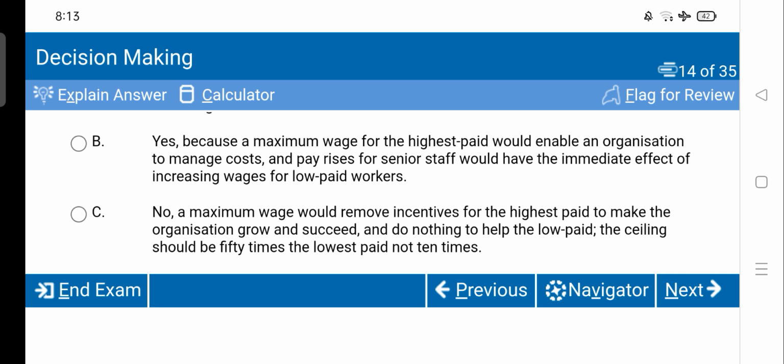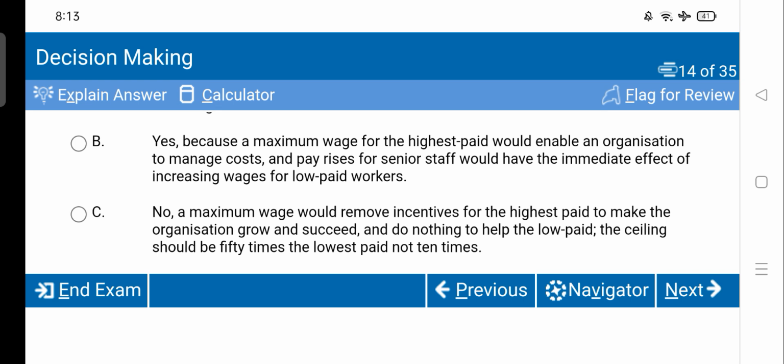Option B, yes, because a maximum wage for the highest paid would enable an organization to manage costs, and pay rises for senior staff will have the immediate effect of increasing wages for low paid workers.